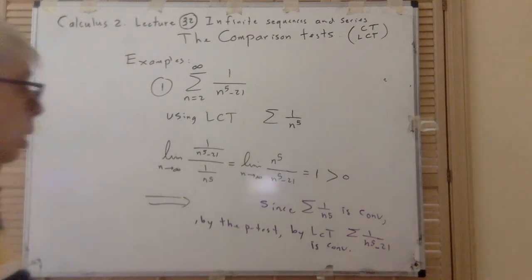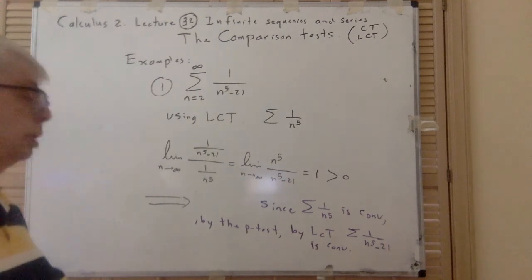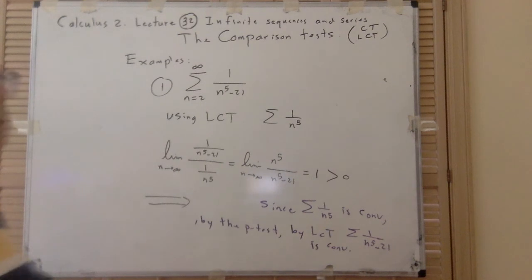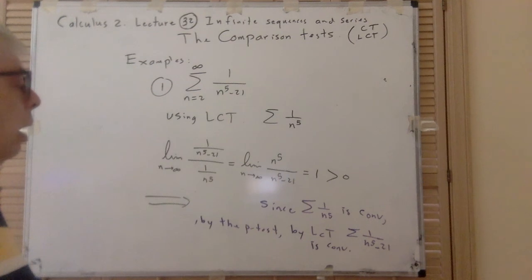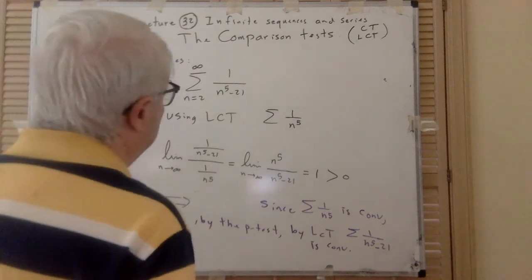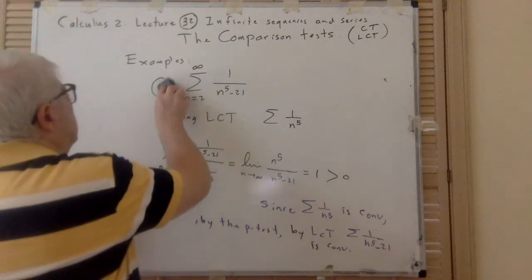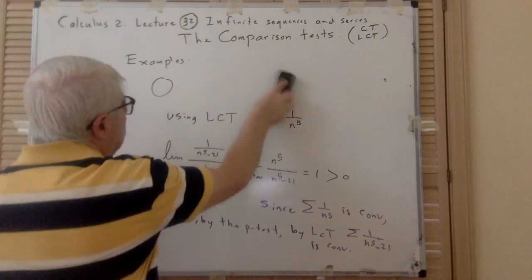So that is by LCT, and the other one being convergent is by the p-test. Let's just call it the p-test, not the p-series test or the p-series theorem or something. Okay, so that was a convergence situation. So let's come up with something more complicated.